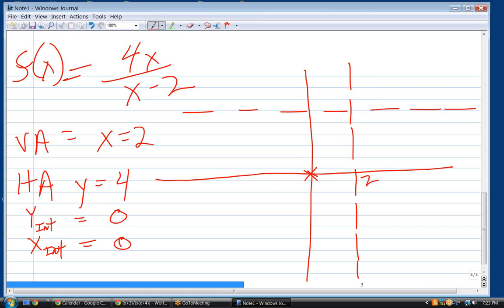Okay, plug in a number to the right of 2, and let's see where we're at here. In other words, again, this is going to be hyperbolic. It's going to look like a hyperbola. We just need to know which quadrants to put it in. So, if I plug in 3, what is f of x? 12 over 1. Okay, so 3 would be about here.